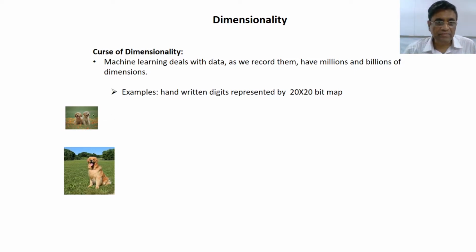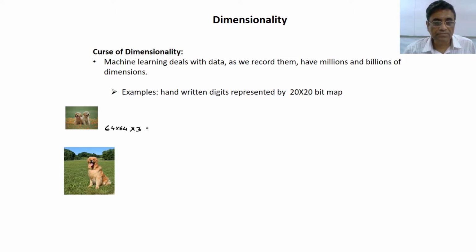And what is the problem? You will see, especially if we just take an example of unstructured data. This is an image, say a small image of 64 cross 64 size, and there are three channels RGB, so multiplied by 3.